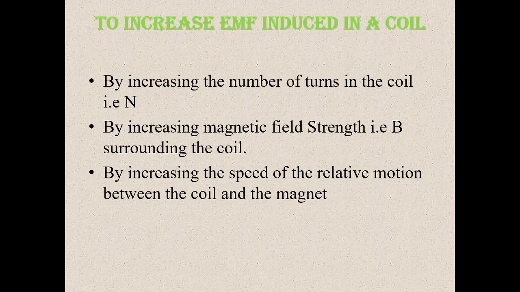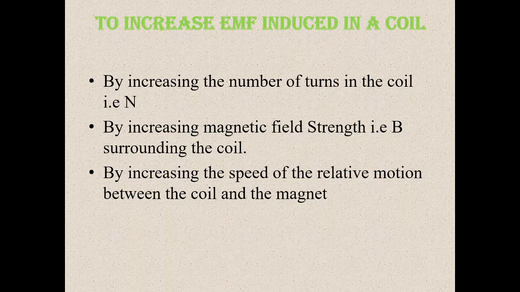Now, the question arises, how can we increase the EMF that is to be induced in a coil? The first thing is by increasing the number of turns in the coil, that is N. We have seen the coil. If the number of turns of this coil is increased, we can increase the induced EMF.